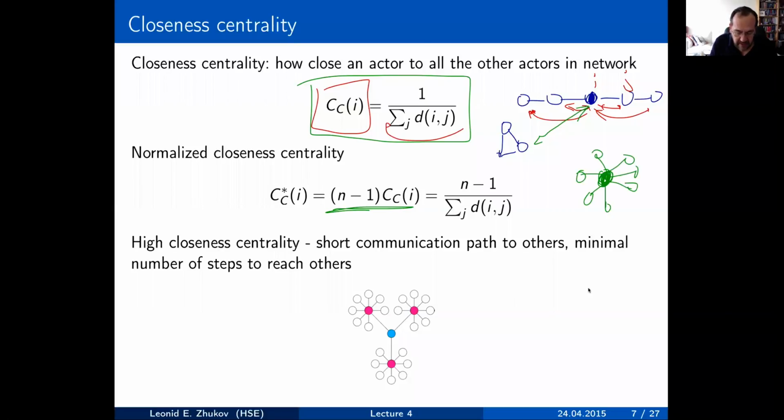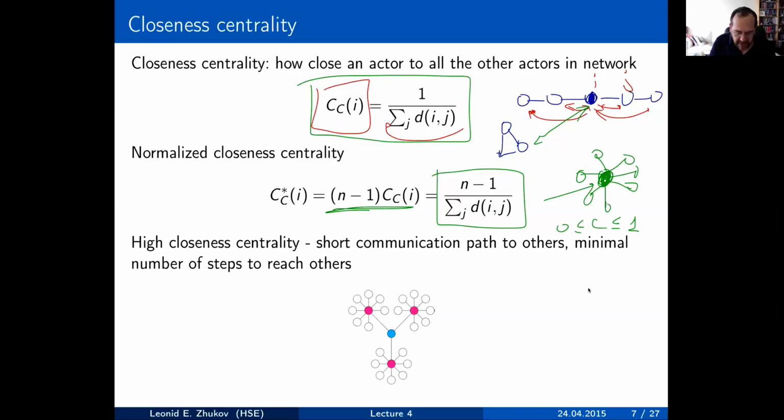And so again, for the star graph, this formula will be equal to 1. So the centrality index is between 0 and 1 and reaches 1 for the most central node in the most central type of graph, which is a star graph.